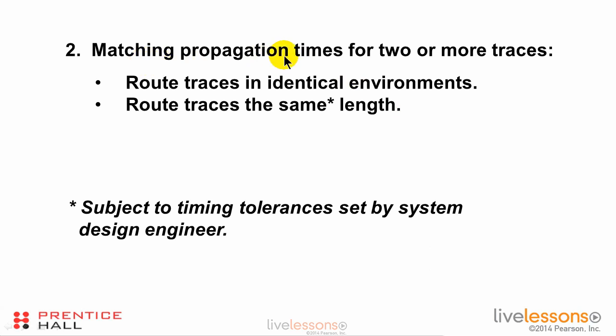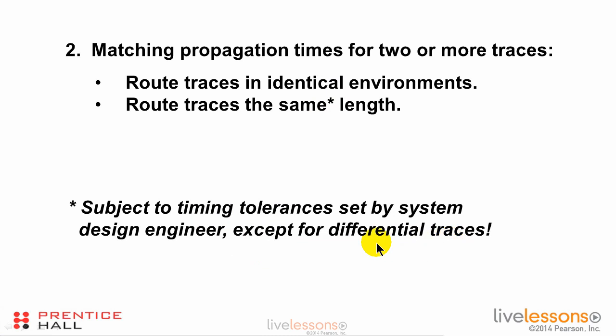If we want to match propagation times for two or more traces, well, then we want to route the traces in an identical environment, and we want to route the traces the same length. And that's subject to the timing tolerances set by the system design engineer. What we mean by the same, there'll be a tolerance on that, except when we're designing differential traces.